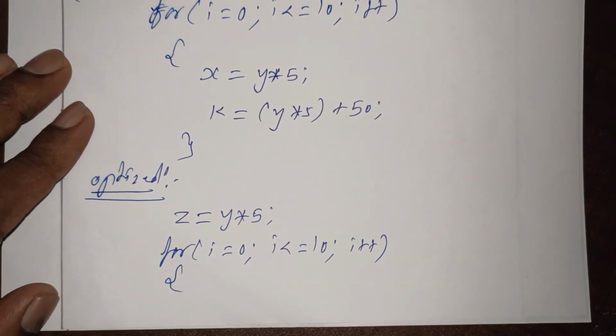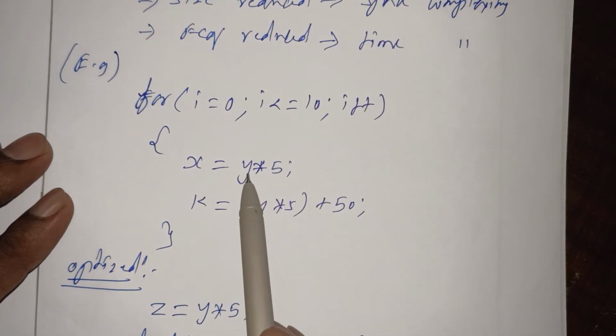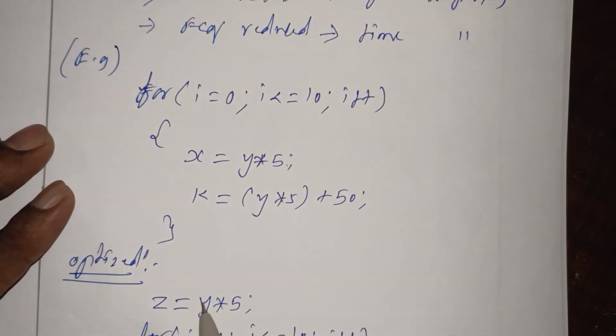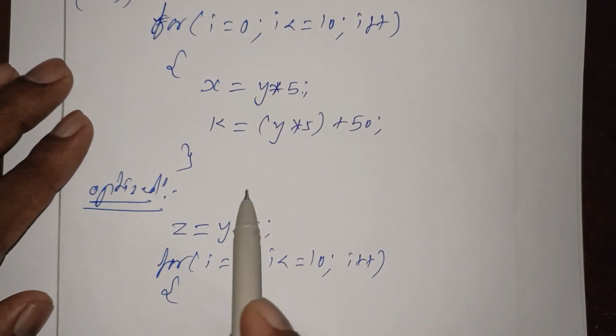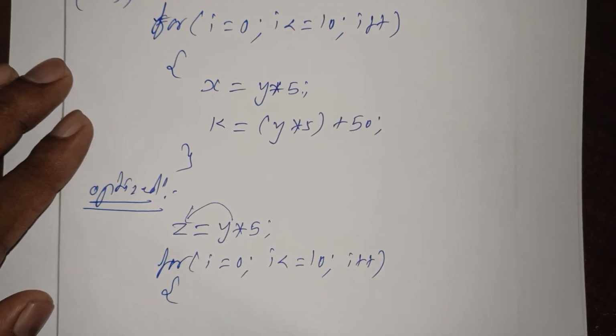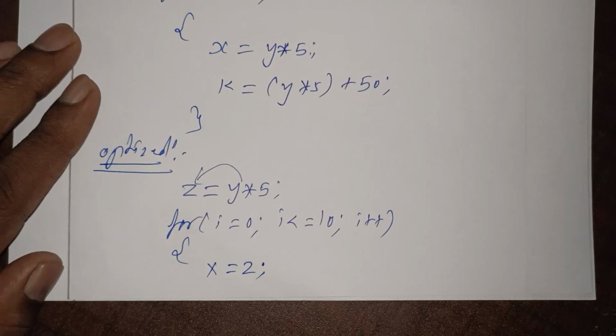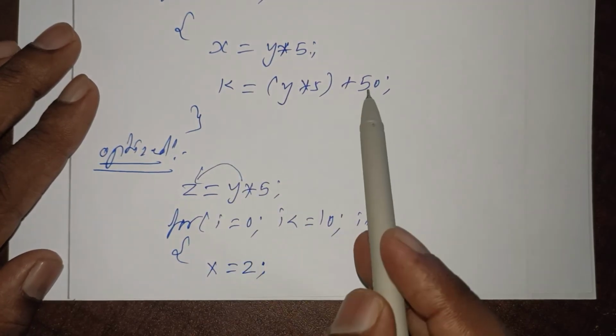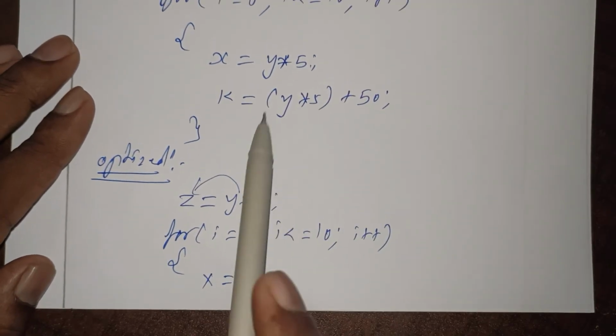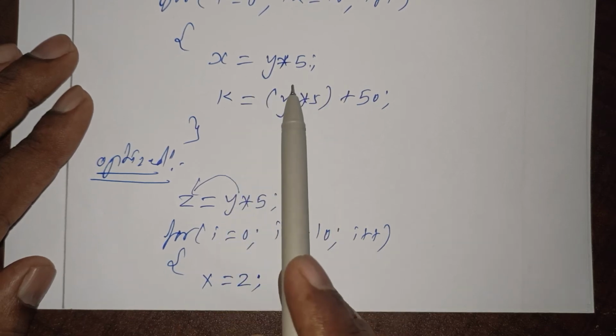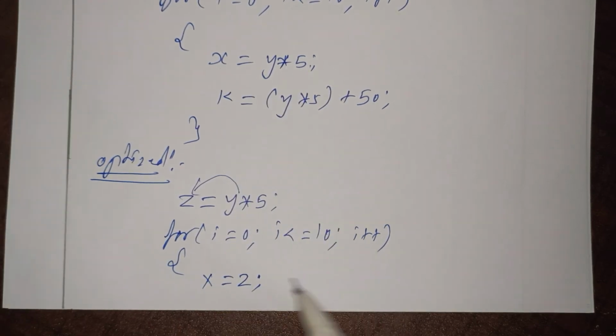So here x is equal to y asterisk 5. So we moved that y asterisk 5 here. This value has been assigned to z. So x is equal to z. So this is the point. Now how to write this particular thing? You should not change whatever is there in the previous code, and it should not change in the next process.